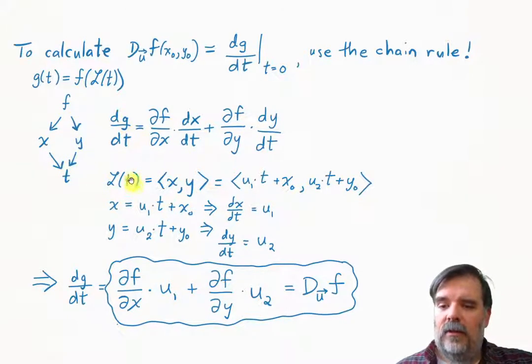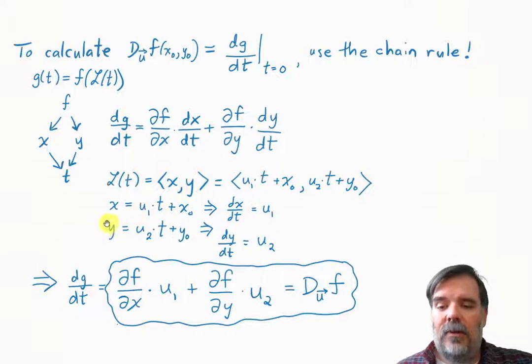All right, so L(t), remember, gives us the x and y coordinates, so it's these two functions right here. x is this first component function, x is u1 times t plus x naught. u1 and x naught are both constants, t is your variable, so the derivative of x with respect to t is just this constant, u1.